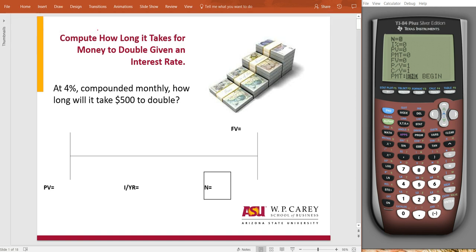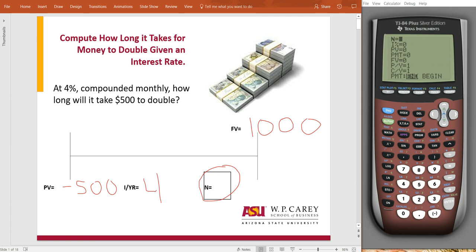So our IY, we know that that is 4. And then it's saying how long will it take our present value, which is negative 500, to be worth in the future $1,000. So we're effectively solving for this n right here, saying how long is that going to take us.